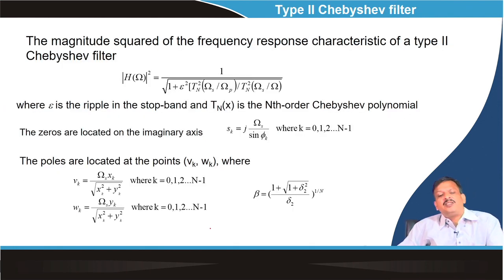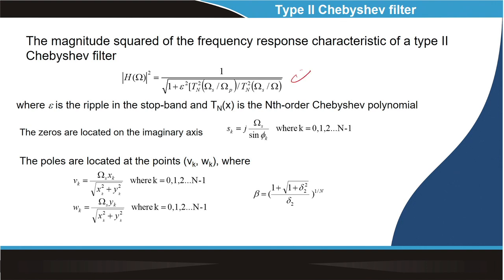Okay. Then Chebyshev filter type 2. Type 2 filter magnitude response is this one.